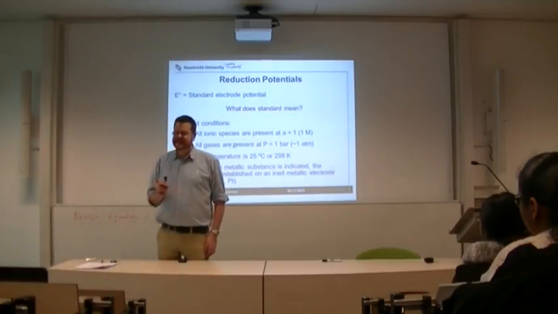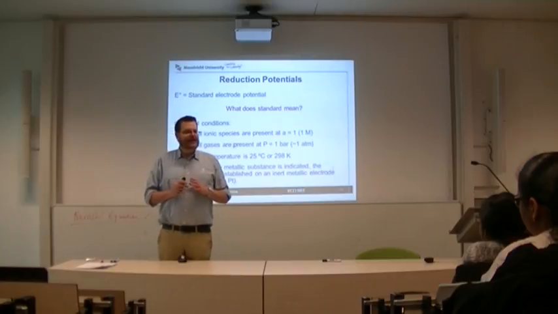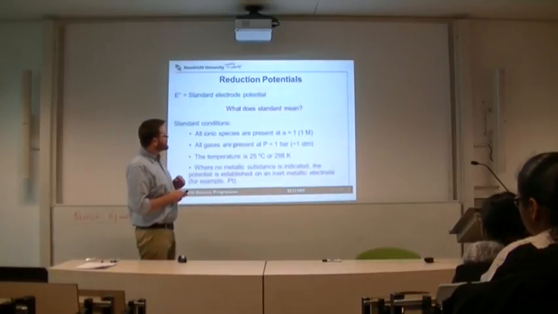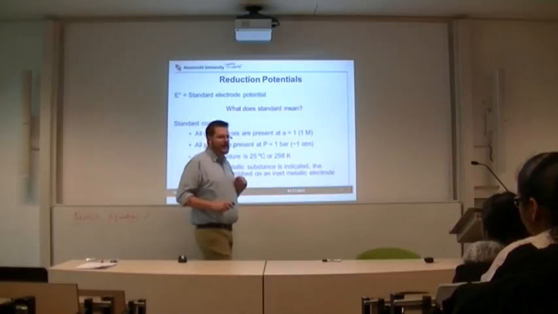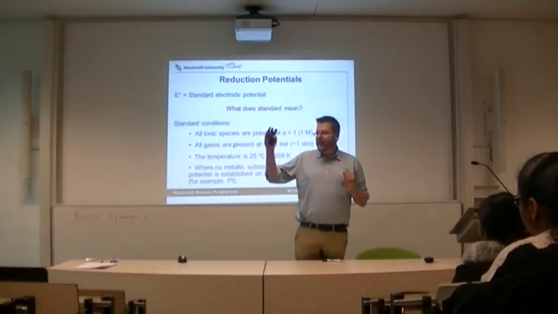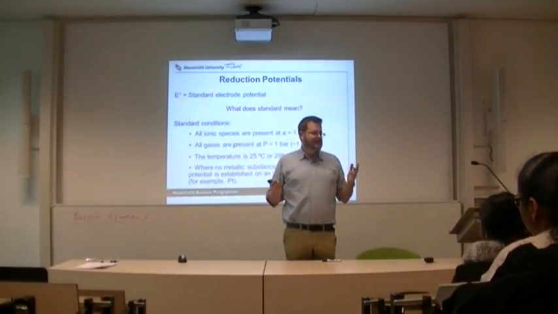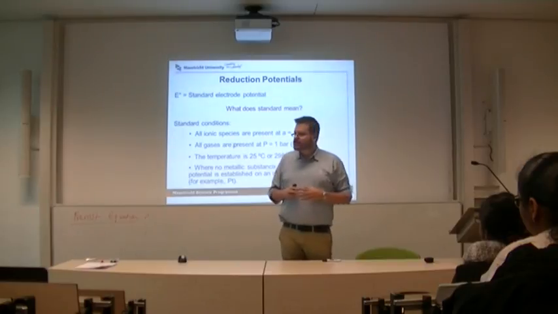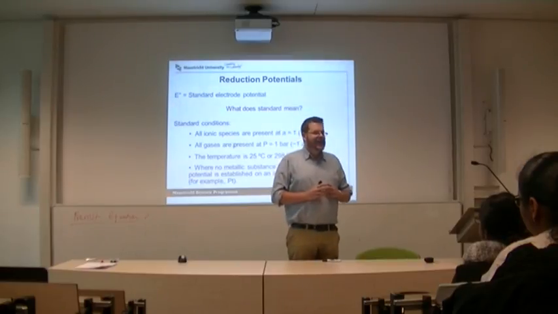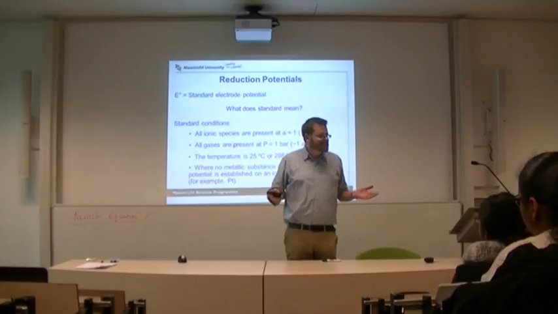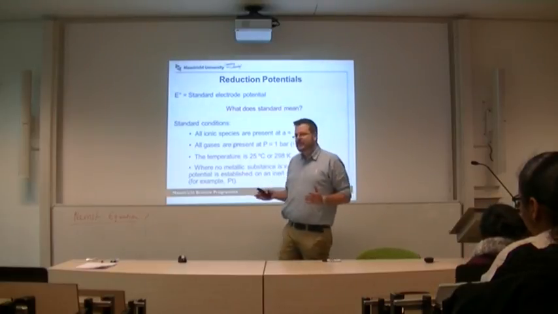Now, obviously, if I build a cell with hydrogen on the standard hydrogen electrode on the one end, and a metal and a solution on the other to measure the potential, and I have a 2 molar, not a 1 molar solution, it's going to affect the potential, obviously. And that's what the Nernst equation is all about.